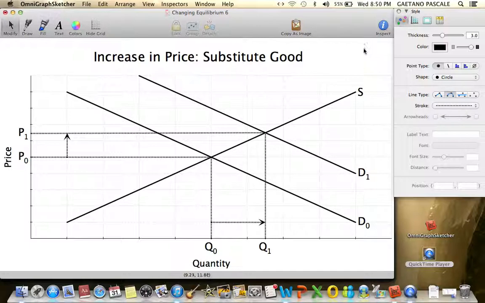Like I said, I generally ask one question on the first test and one question on the final that relates to changes in equilibrium with changes in demand and changes in supply. So make sure you're comfortable with the determinants of demand and the determinants of supply. And make sure you're also comfortable with how, if they change, the equilibrium price and quantity change in the marketplace.